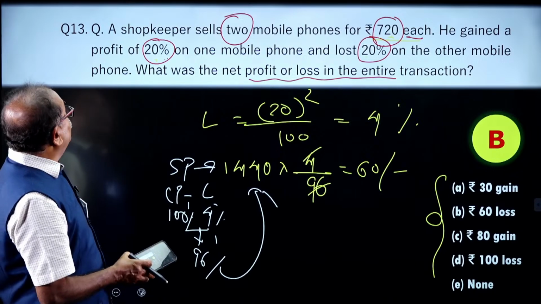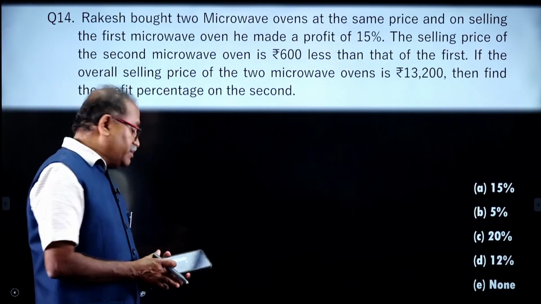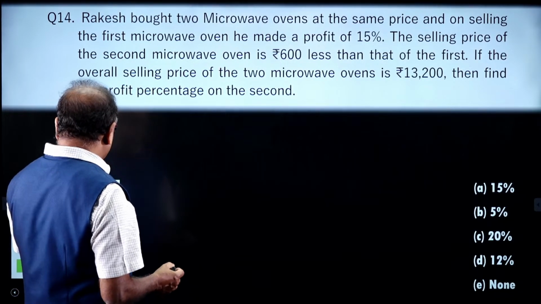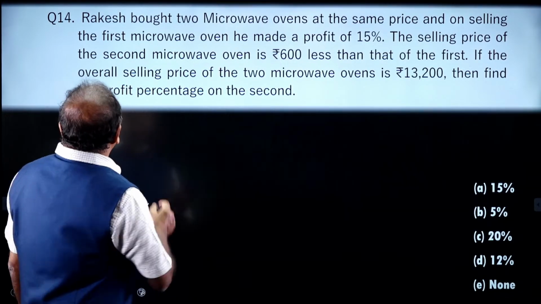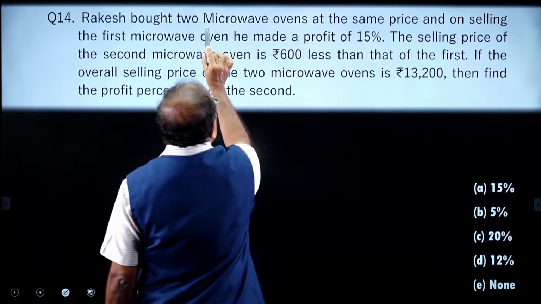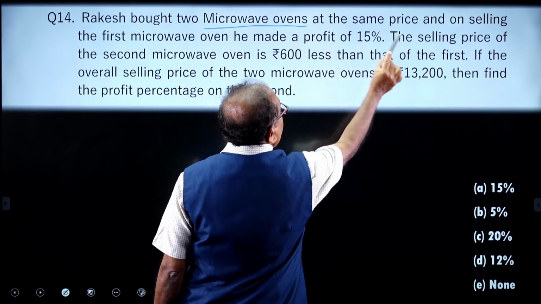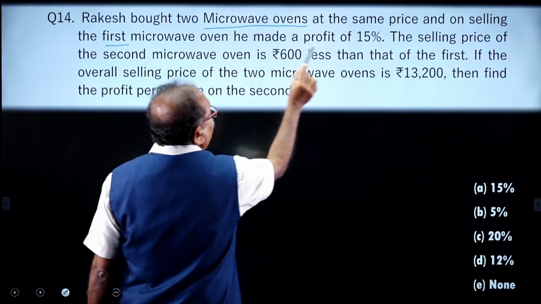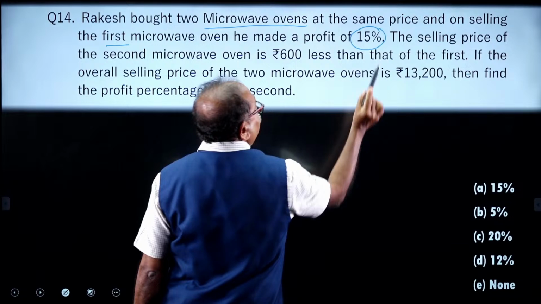And that's there on the board is this. Question number 14. Okay, so let me read this question again. Rakesh bought 2 microwave ovens at the same price, and on selling the first oven he made a profit of 15%.